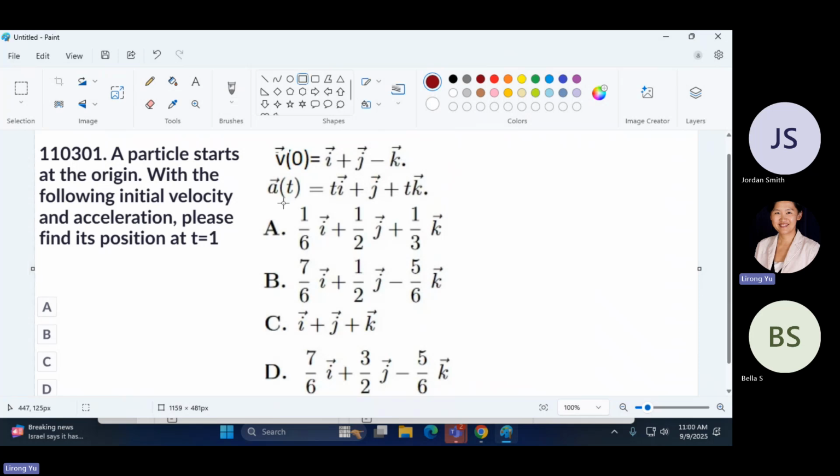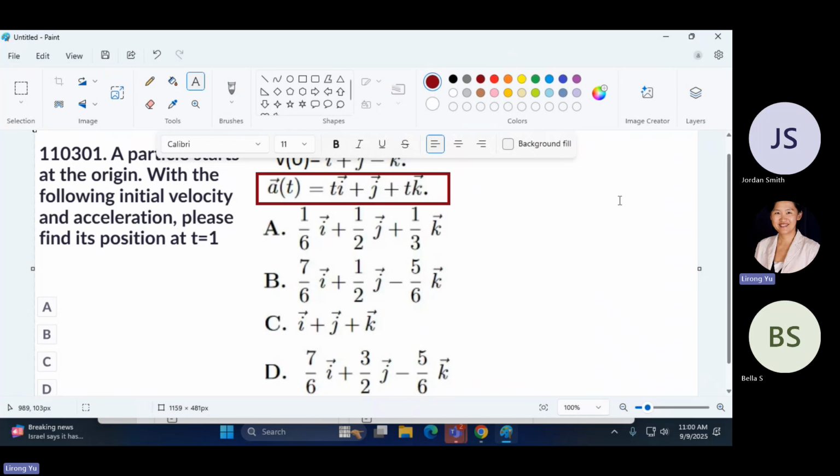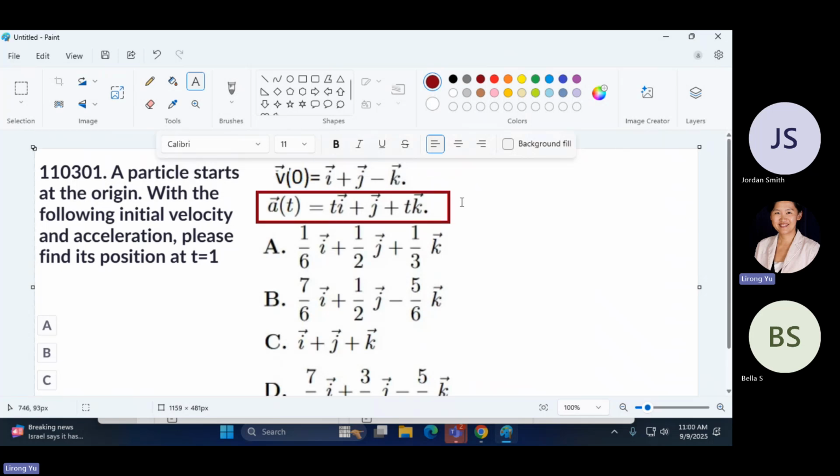So we already have the acceleration function. According to what we know, the acceleration function is the derivative of the velocity function. So from here, we can start calculating the velocity function, which is done by integration.